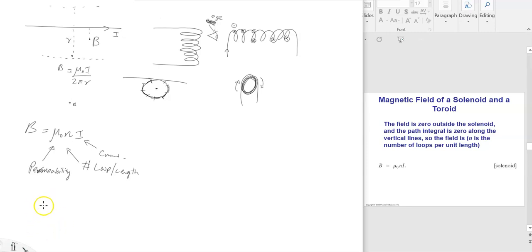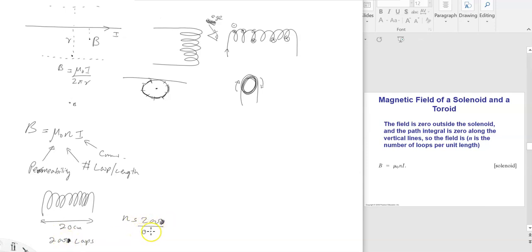Now if the coil is just something like this, with nothing inside, just air, then it's the permeability of air. Now the number of loops per length. Let's say this coil is 20 centimeters long from one end to the other, and there are, let's say, 200 loops.